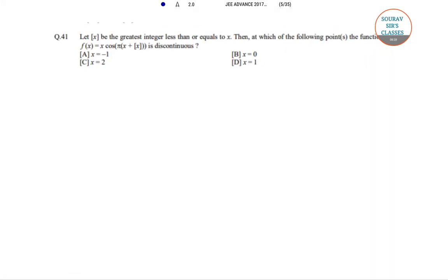Next one. Let this sign denote the GIF. What is a GIF? For example, if I give 2.77, I take it as 2. 2.001, I take it as 2. So irrespective of whether it is more than 0.5 or not, we always take the greatest integer.